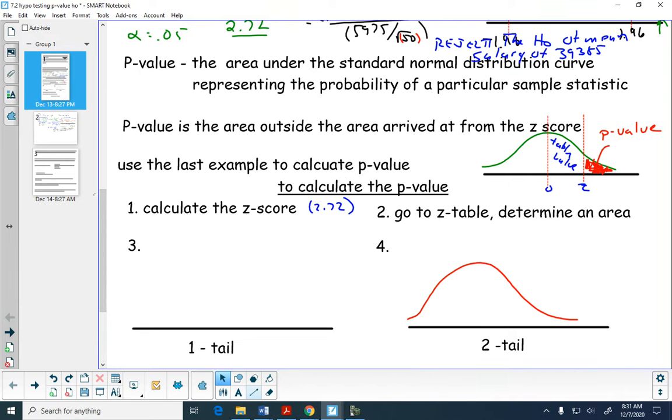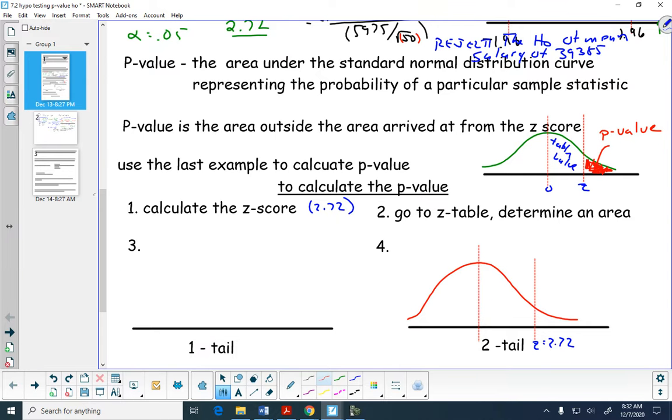So if we look at the bottom here, we have 2.72. We go to our z-table. Now, I'm not going to ask you to do this.